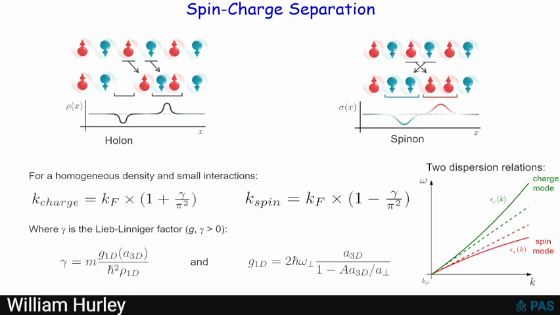So the two turn out completely separate from one another, which is really quite amazing. And they have different velocities. So the spin part of the electron and the charge part of the electron are predicted to move at different velocities from one another, with the spin mode being slow and the charge mode being fast.